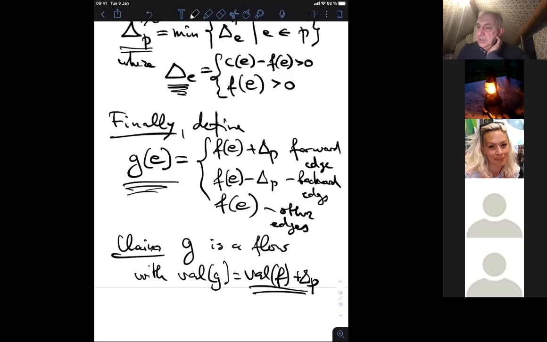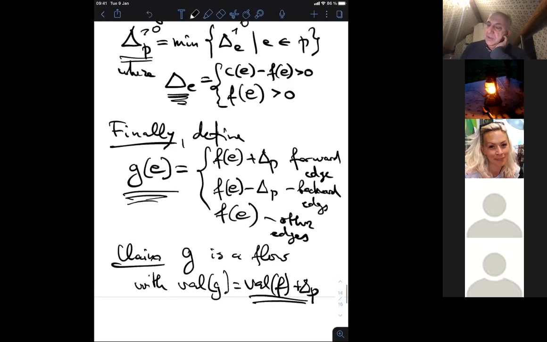And now why, defined in this way, it's a flow: we have to check that the balancing conditions are satisfied at all vertices except for the source and the sink. We haven't changed any other edge except those along the path.